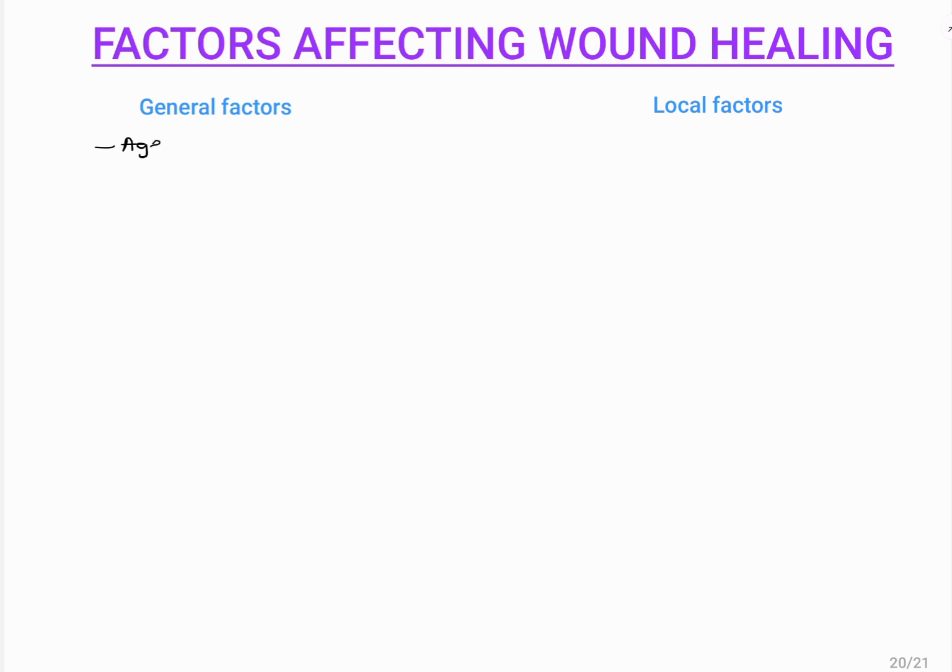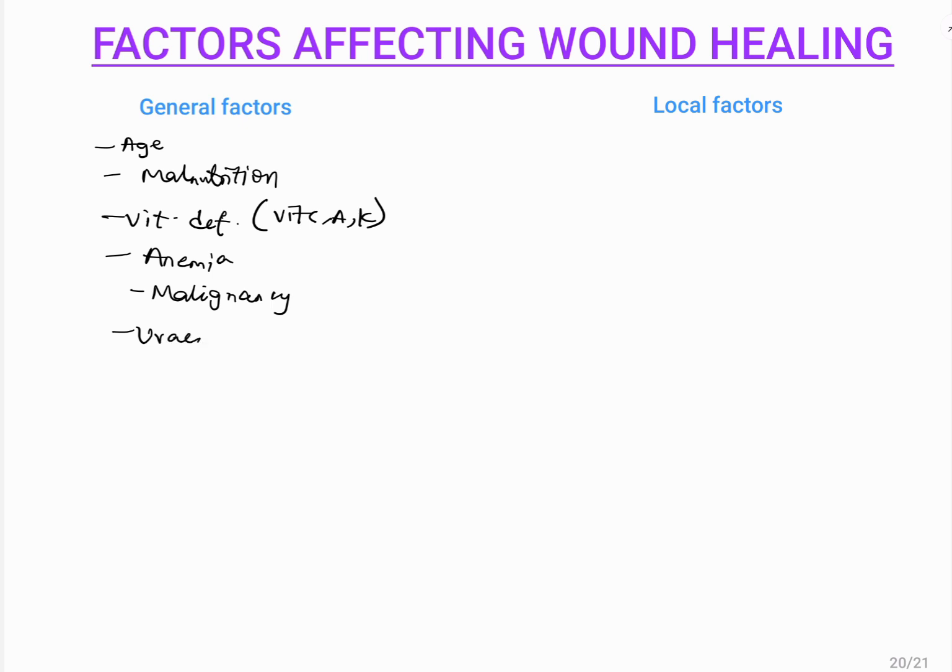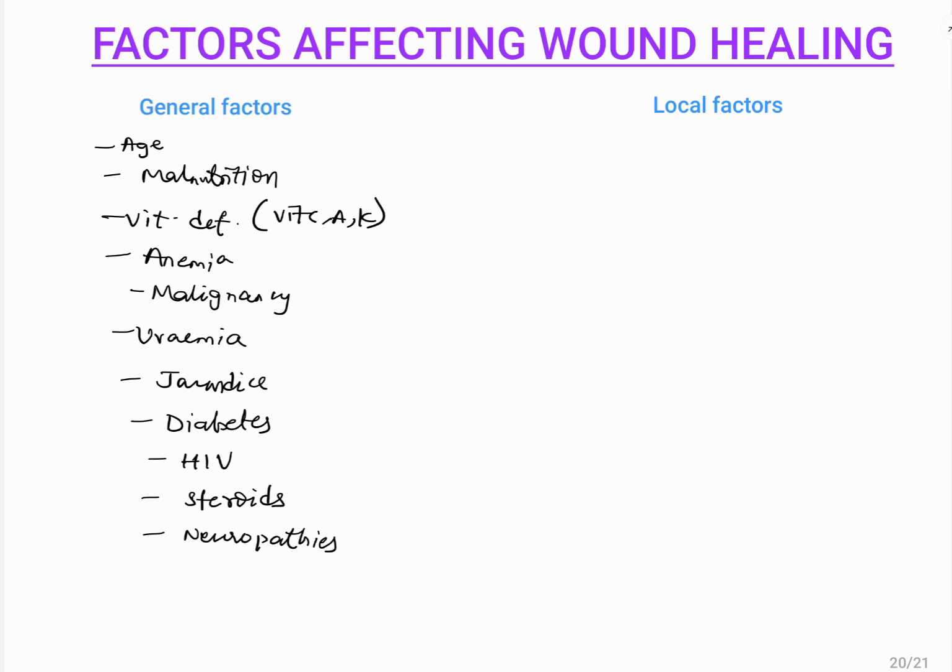The general factors are like age, malnutrition, vitamin deficiencies like vitamin C, A, K, anemia, any type of malignancies, uremia, jaundice, diabetes, HIV infection, use of steroids and other types of drugs, and finally, some kind of neuropathies. These are the general factors which affect wound healing.